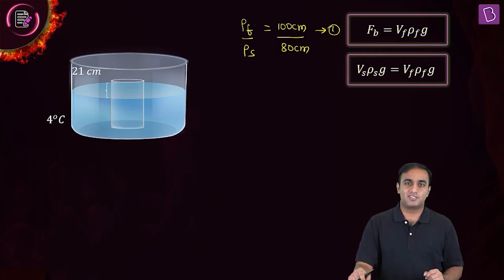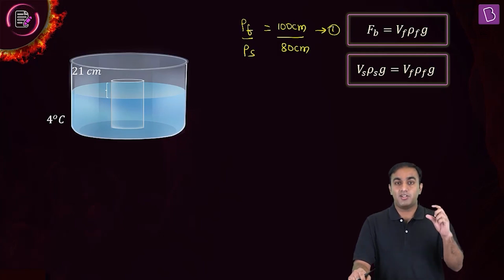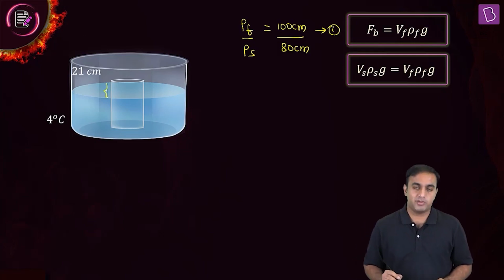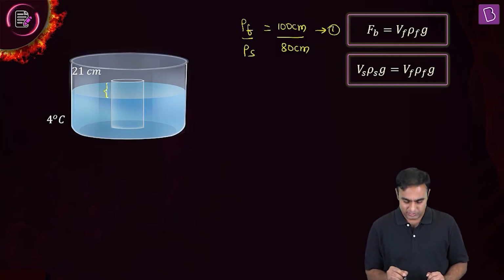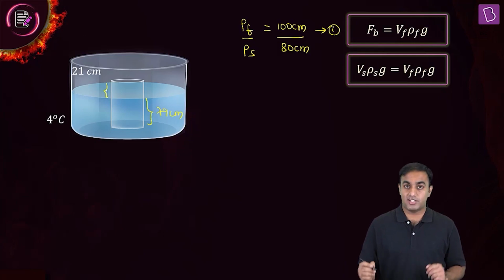It contracts. Thereby, the volume of the water reduces, the density of water increases, and it facilitates more and more height of the cylinder to stay outside the water. That's exactly why this became 21 centimeter. So what is it inside now? 79 centimeter. And the total height is 100 centimeter.